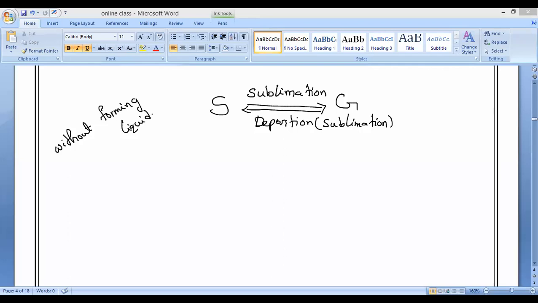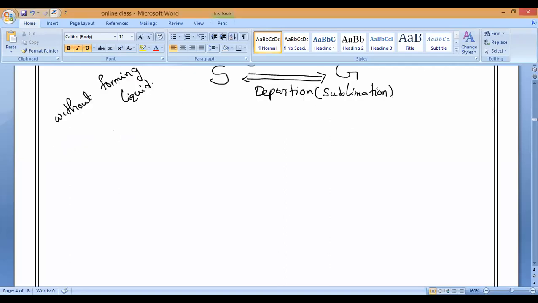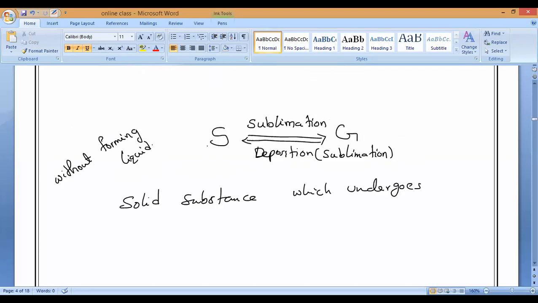Now, for example, I have taken one solid substance which will convert into gas. The substance which undergoes sublimation is called a sublime.